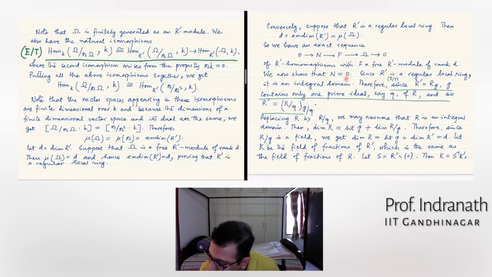Now R dash is regular, so it is an integral domain. Therefore, since R dash is R localized at P and P contains only one prime ideal, say Q of R, R dash is basically this. Do you see what this means? P contains only one prime ideal because of the domain.